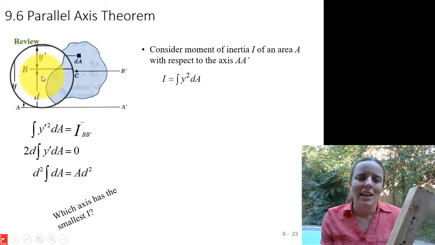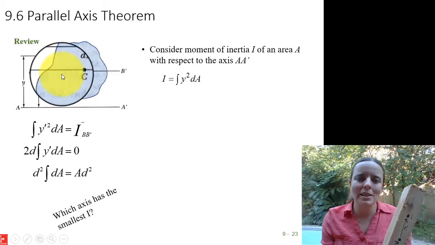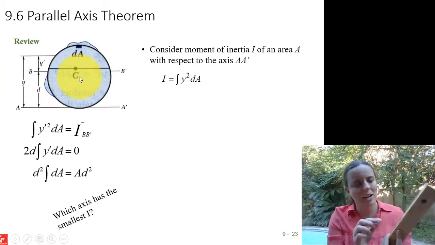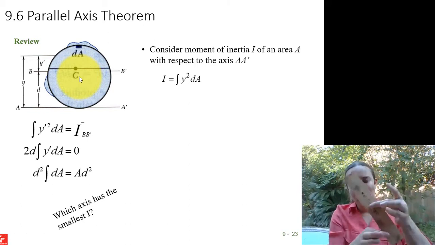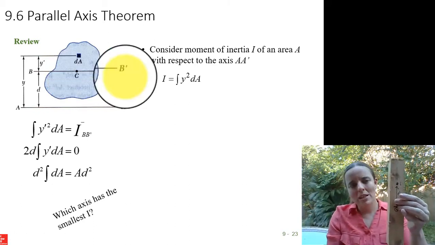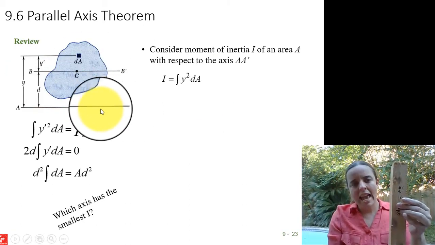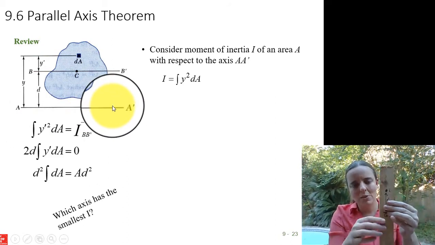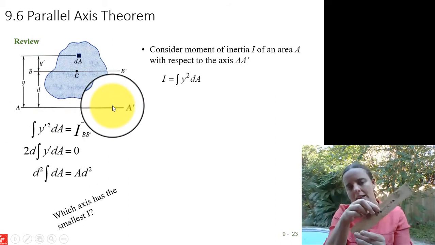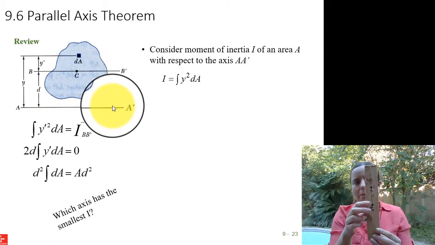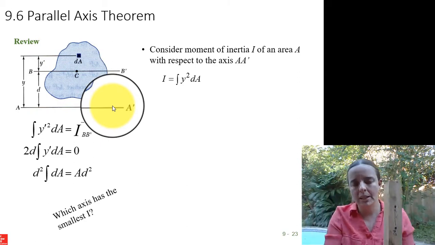Okay, so if you have the inertia around BB, so C is your center of gravity, right? So if I rotate it around the center of gravity versus down to A, so if I come down to this new axis A, and now I'm rotating it around this thing instead, okay, what's the difference of inertias here?